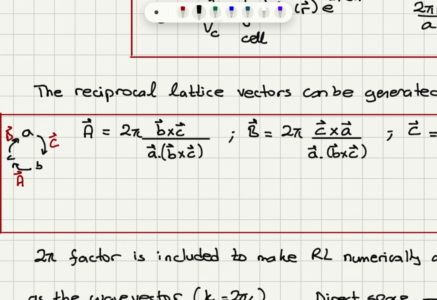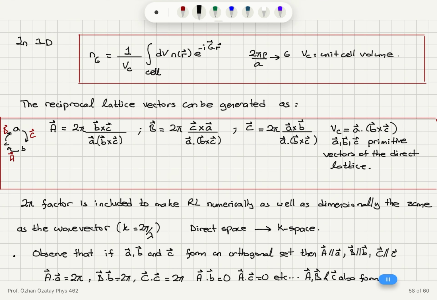So that's the cross product. b cross c gives me a, a cross b gives me c, c cross a gives me b, etc. So I find that the capital A vector should be parallel to my primitive lattice translation vector a, the B vector should be parallel to the b vector, etc. And the dot product of capital A with the direct lattice vector a gives me 2 pi. For the B vector, I get 2 pi. For the C vector's dot product, I get 2 pi.